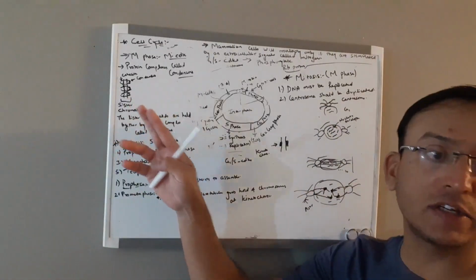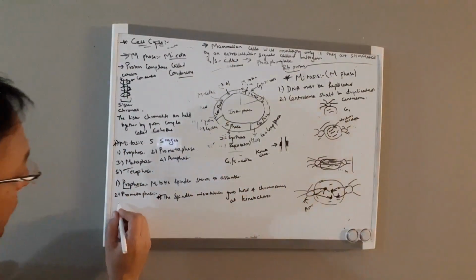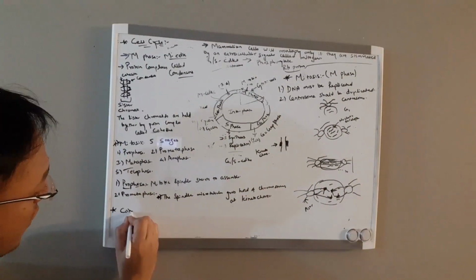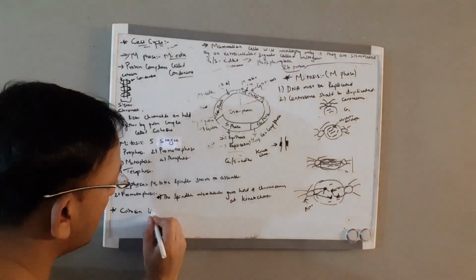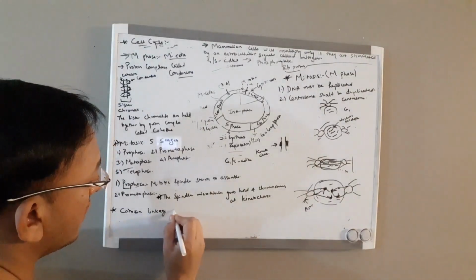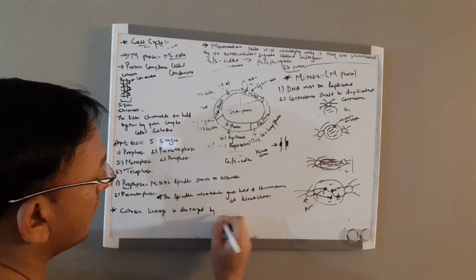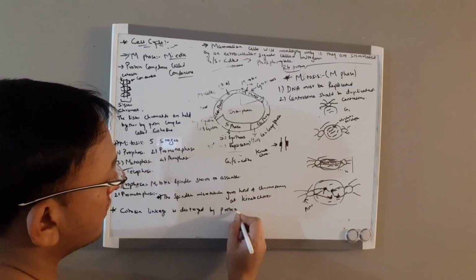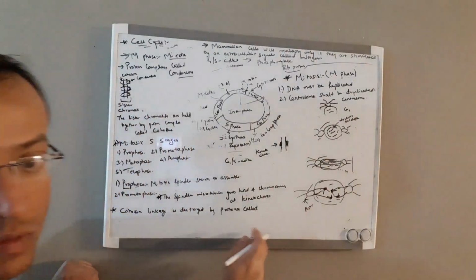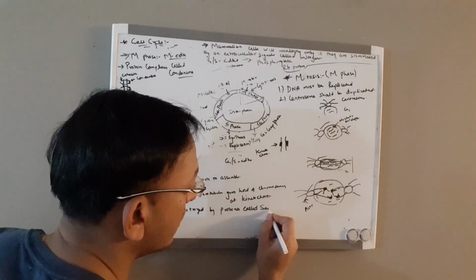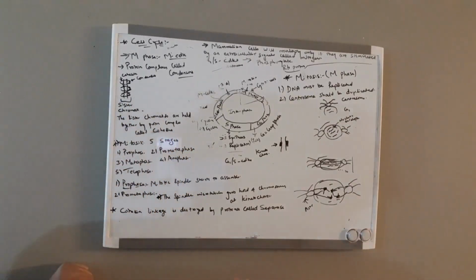The cohesion linkage is destroyed by a protease enzyme called separase. This enzyme becomes active in anaphase.